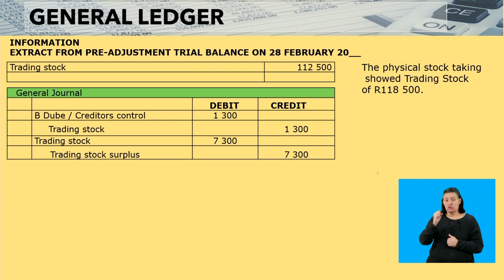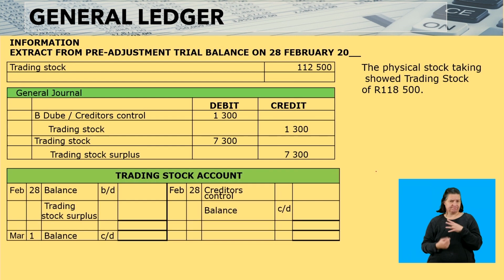In the general ledger, we now want to see how we can post these particular transactions. The first thing you have to remember is that your trading stock account is an asset. So on the debit side, you have a plus. On the credit side, you have a minus. So I need the balance from the records, which is my 112,500.